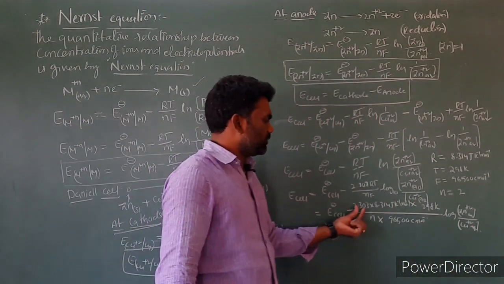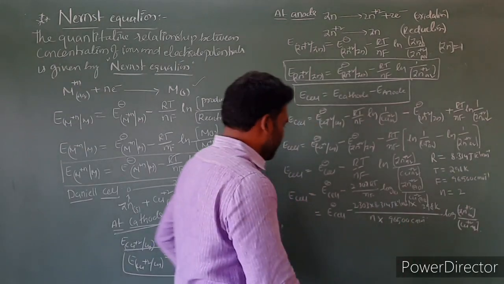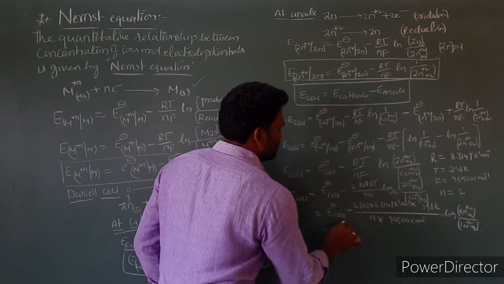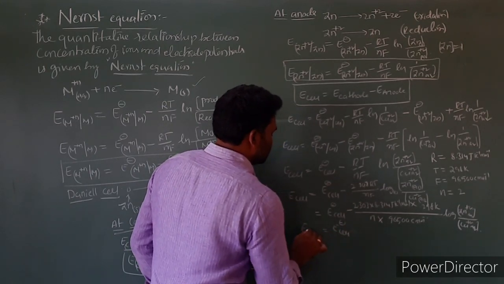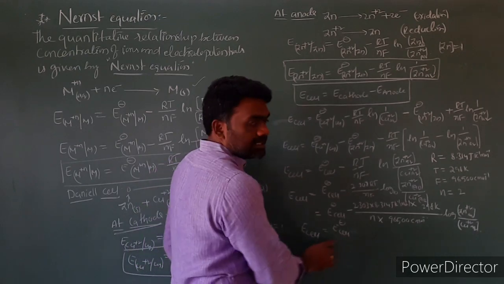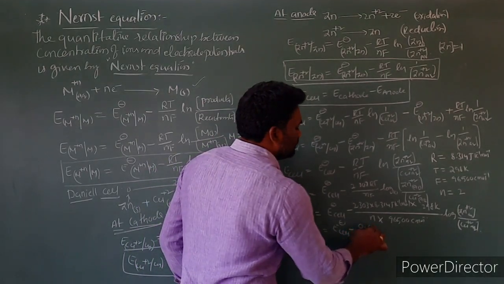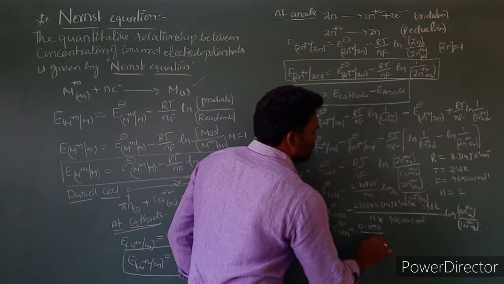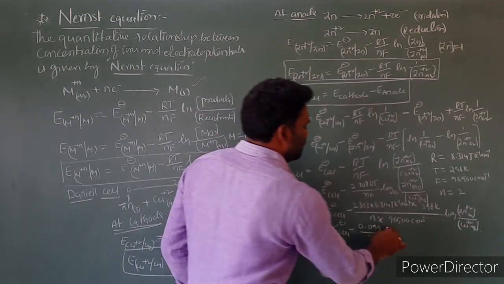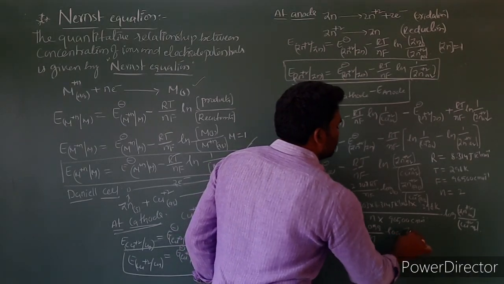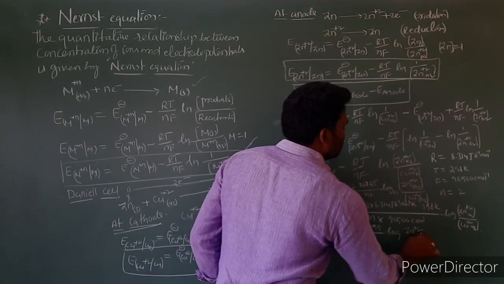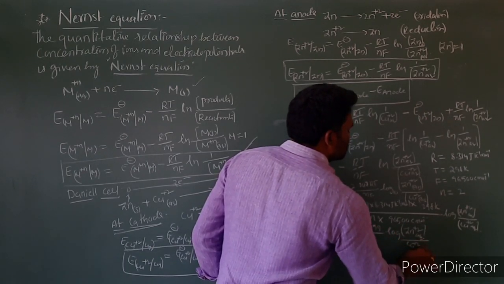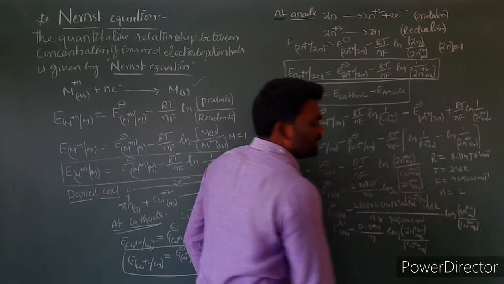So upon simplification of all these values, what we get is E cell is equal to E standard cell minus 0.059 by N log concentration of Zn2+ ion in aqueous form by concentration of Cu2+ ion in aqueous form.